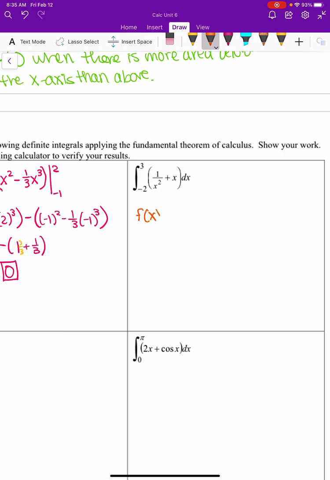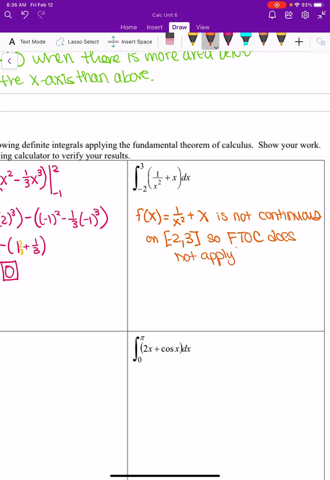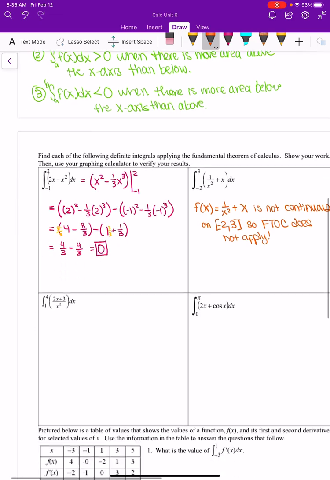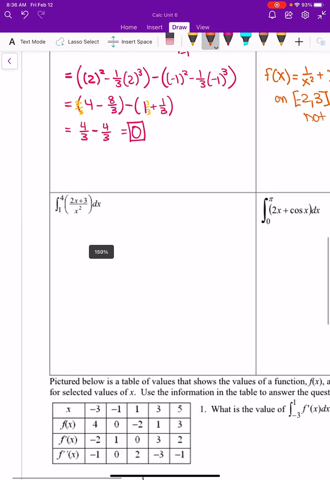So we're going to say f of x equals 1 over x squared plus x is not continuous. So the fundamental theorem of calculus does not apply. All right, that was an exciting one. Okay, now we get to move on.